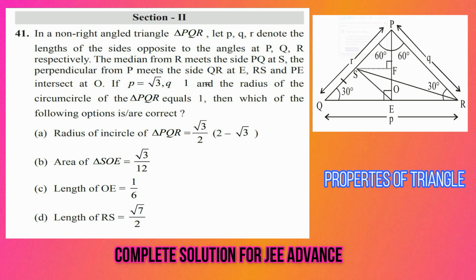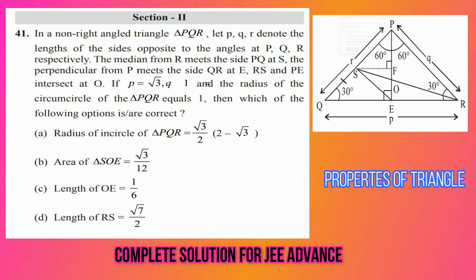The circumradius of the circle is also given as 1. Using all the given data, we first have to find the value of r, the third side, and the possible values of angle P, angle Q, and angle R, and then move to the options.